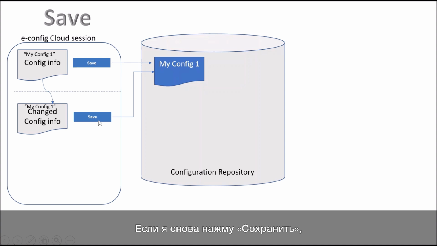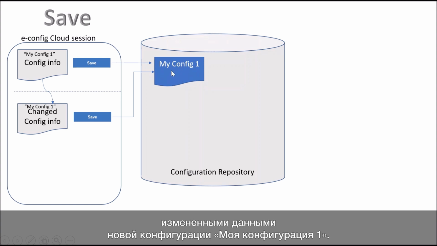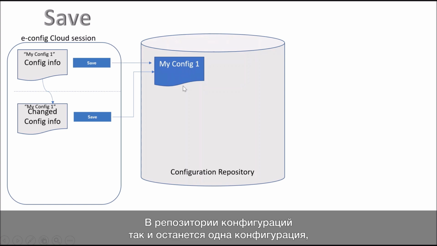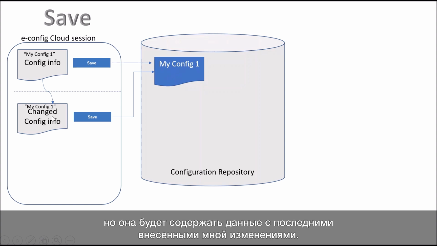If I hit save again, I'm going to write that configuration information and replace the information in the repository with my revised configuration data here under myconfig1. So I would still only see one configuration in the configuration repository, but it would have the data from those latest changes that I did.